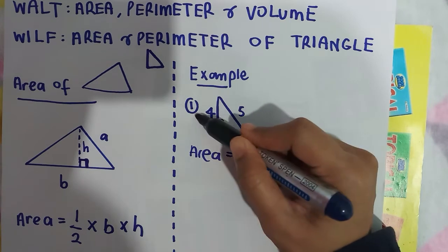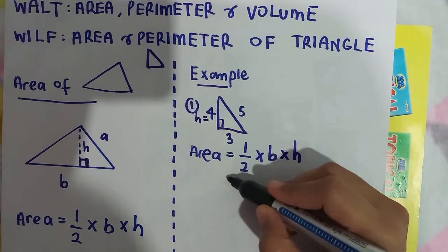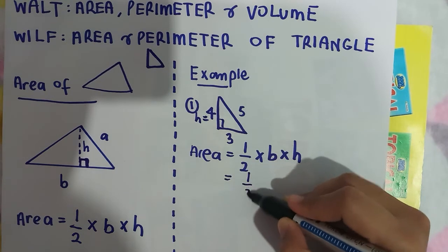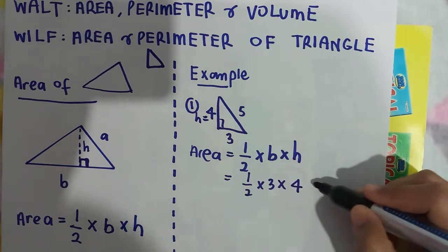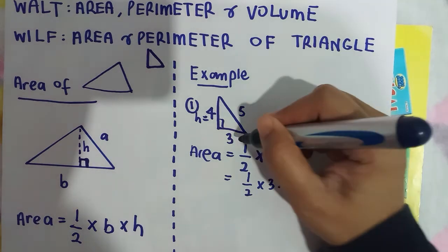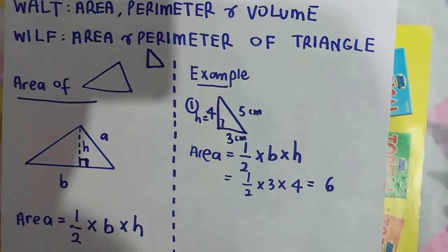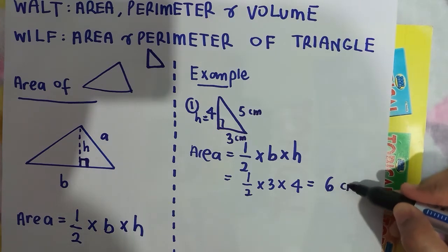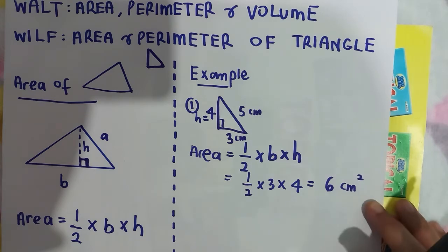So therefore, this is your H. To find the area, that is 1 over 2 times 3 times 4. You press your calculator, you will get 6. I forgot to mention the unit. If it is given in cm, everything is in cm. So the area is 6 cm square, because cm times cm gives cm square.